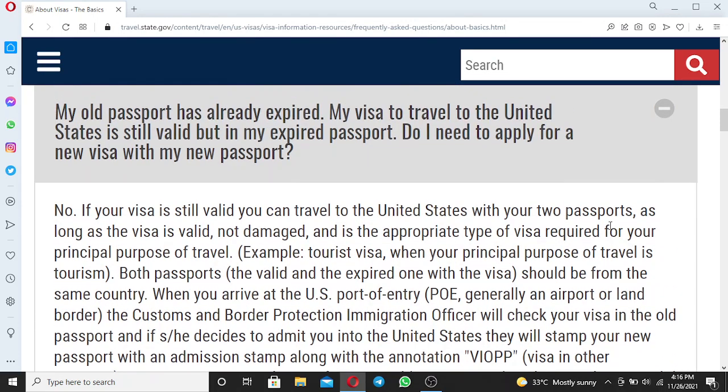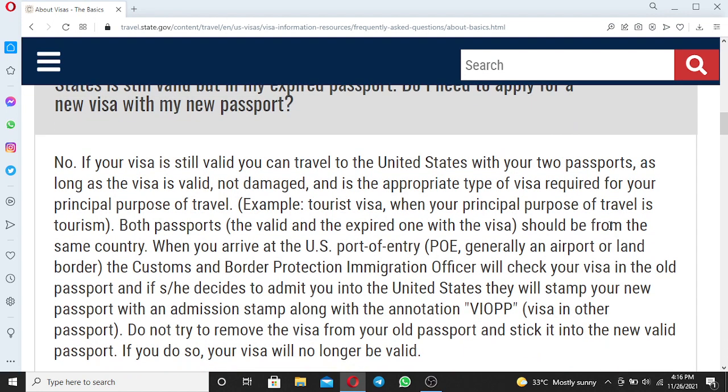So you see, if you have a valid visa, but it is in an expired passport, what you need to do is to find another passport and travel with both passports to the United States.